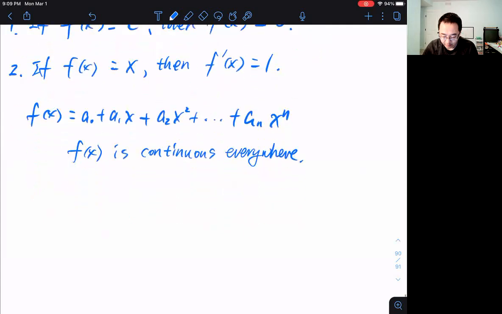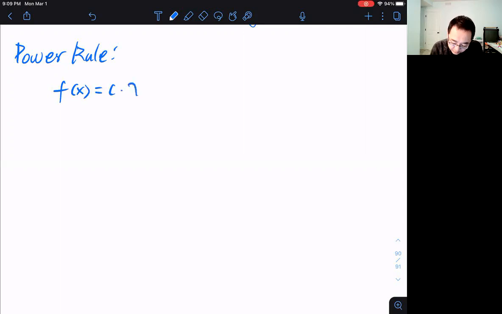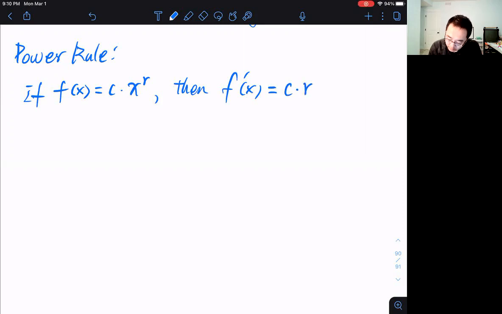All right, now an extension of the power rule. Okay, so again, this is the general case. If f of x equals some constant times x raised to the rth power, then f prime of x is the constant times bringing r down here times x raised to the r minus 1 power.